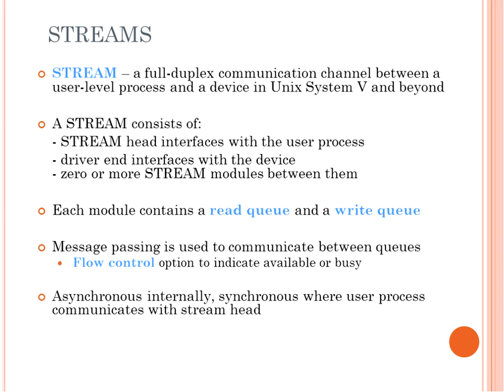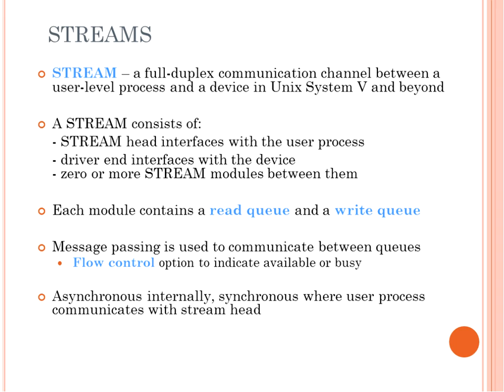Full duplex is communication both ways. Half duplex is communication where it can go both ways, but it only can go one way at a time. And then single is, for example, like a TV. You can hear your TV, but if you talk, whoever's on the other end of your television cannot hear you.